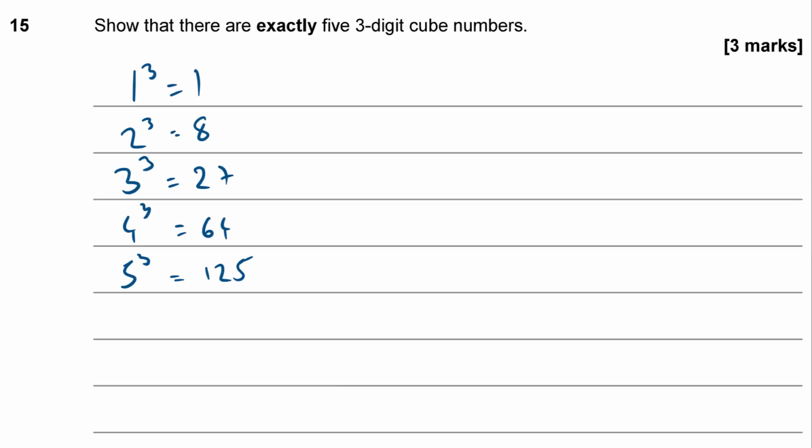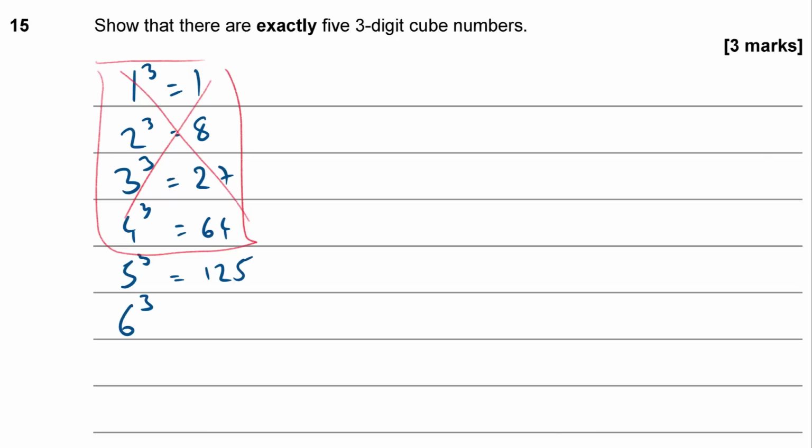Now you'll notice these first 4 are less than 100, so they're all 2-digit numbers, aren't they? So these aren't the ones we want. The first cube number that has 3 digits is 5 cubed, 125.